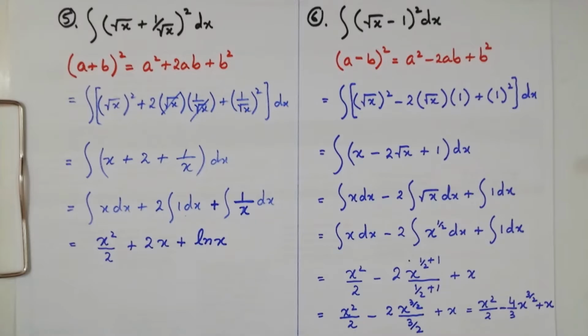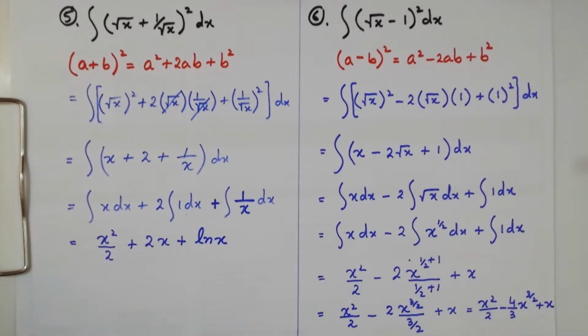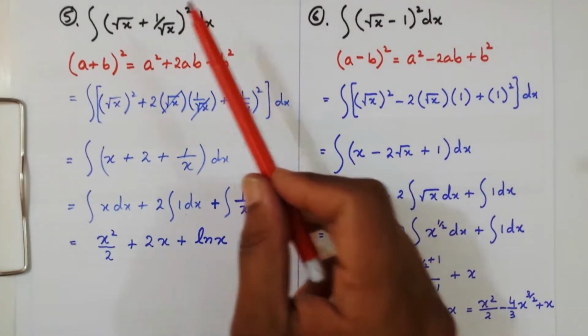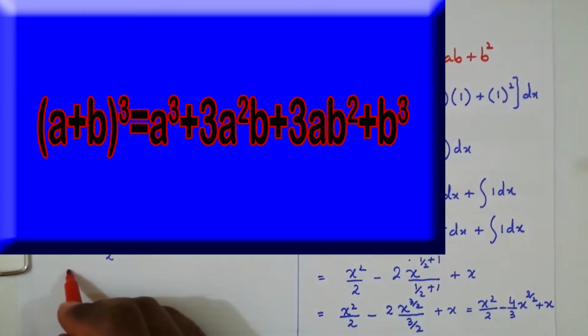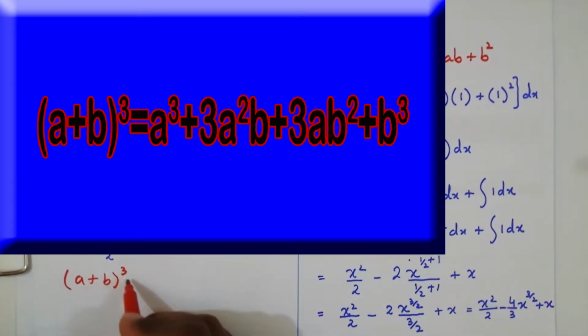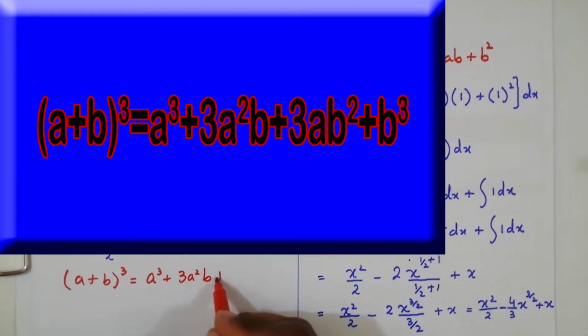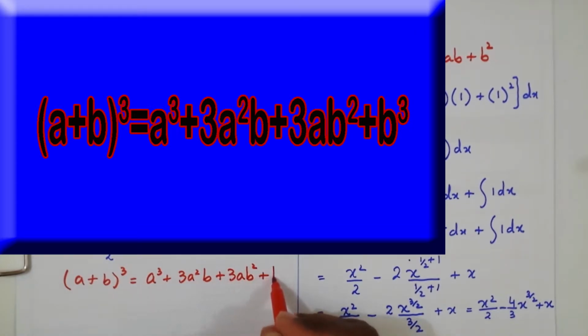Now we move toward questions related to fraction form, but here I tell you two more formulas. If the power is 3, then you can use the formula a plus b whole cube will be equal to a cube plus 3a square b plus 3ab square plus b cube.